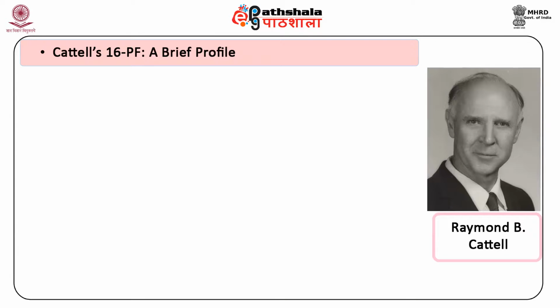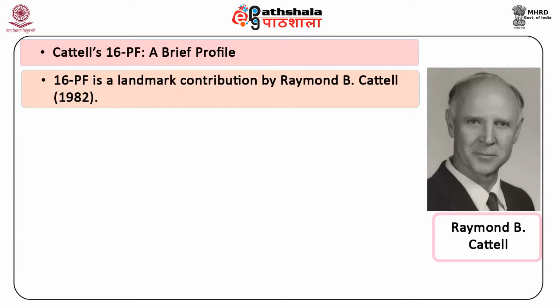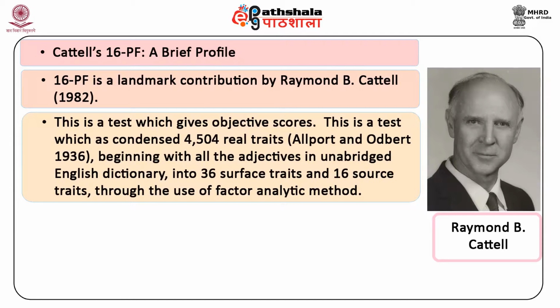Cattell 16PF, a brief profile. 16PF is a landmark contribution by Raymond B. Cattell. This is a test which gives objective scores. This is a test which has condensed 4,504 real traits, beginning with all the adjectives in the unabridged English dictionary, into 36 surface traits and 16 source traits through the use of factor analytic method.